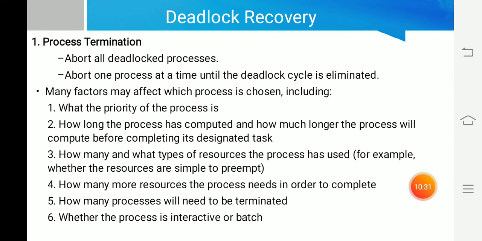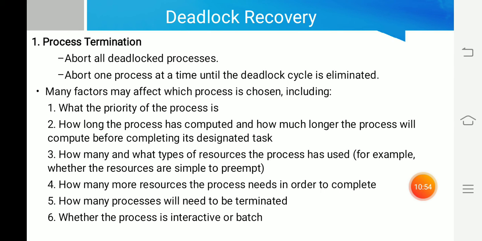How many processes will need to be terminated? Process 1 is terminating and releasing 5 resources. Process 2 is terminating and releasing 3 resources. So whichever is releasing the maximum resources, we can abort. The last is whether the process is interactive or batch.